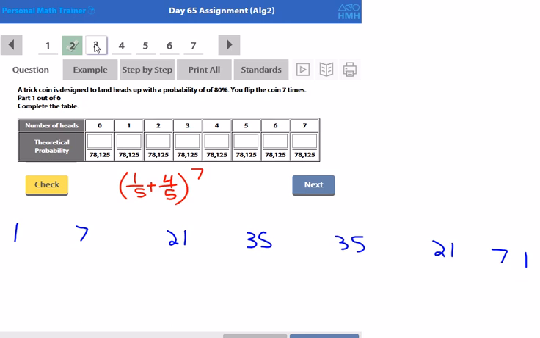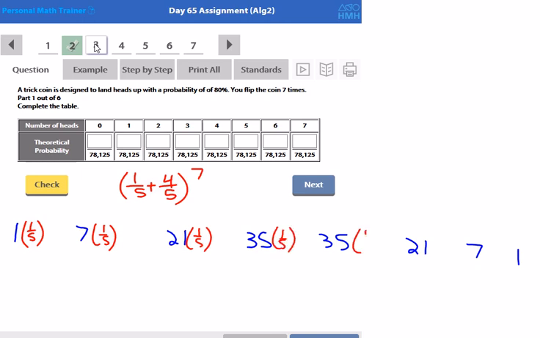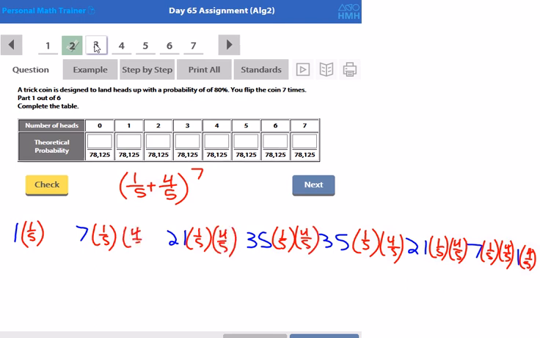And so the tails is going to get attached to the first 7 numbers, so 1 over 5 each time, and then the heads gets attached to the last 7, so 4 over 5 each time.